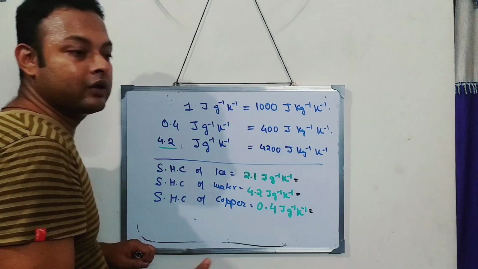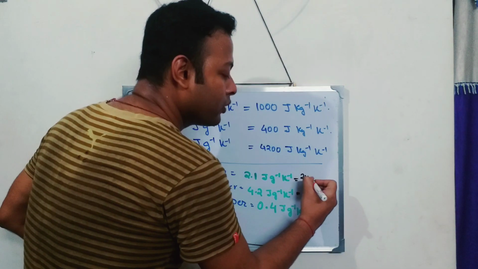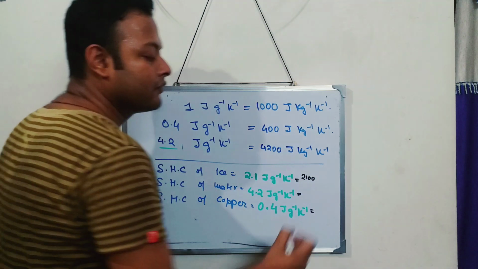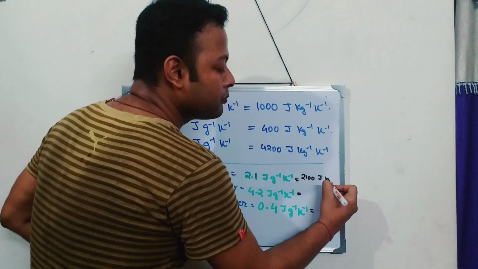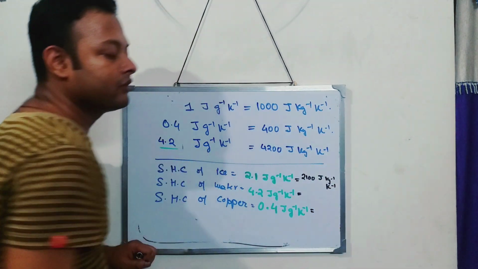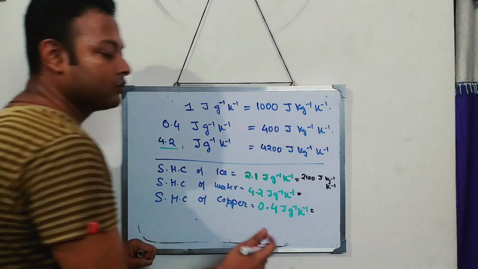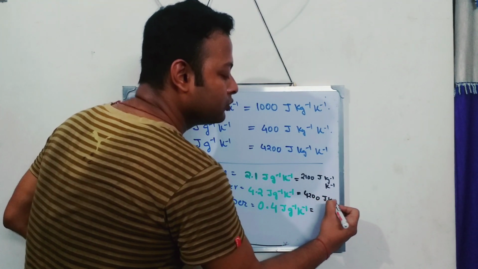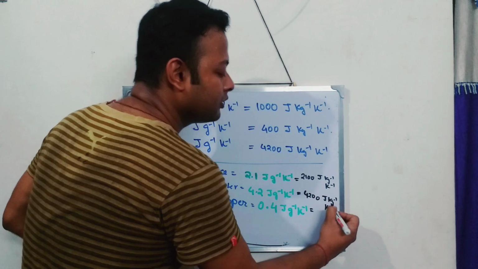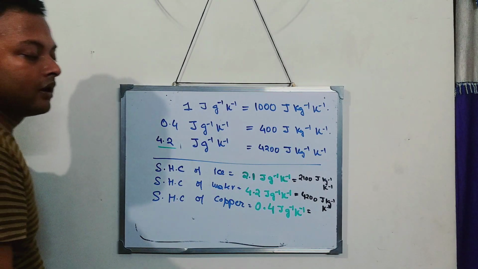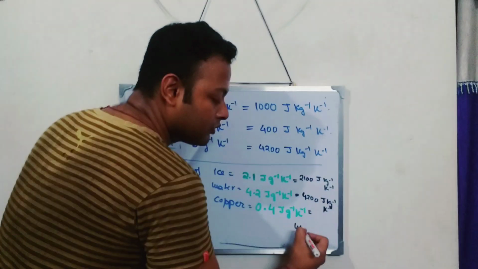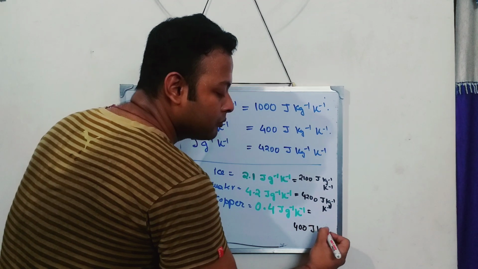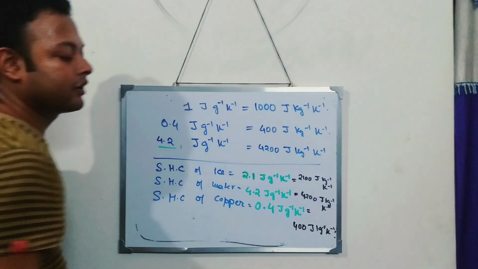So 2.1 into 1000 is 2100 joule per kg per Kelvin. 4.2 becomes 4200 joule per kg per Kelvin. And 0.4 becomes 400 joule per kg per Kelvin.